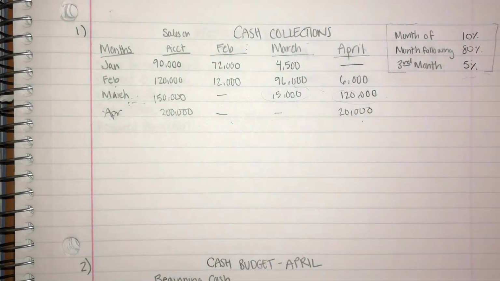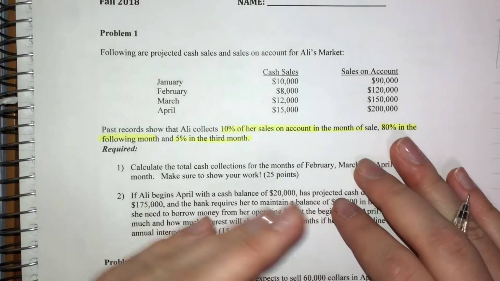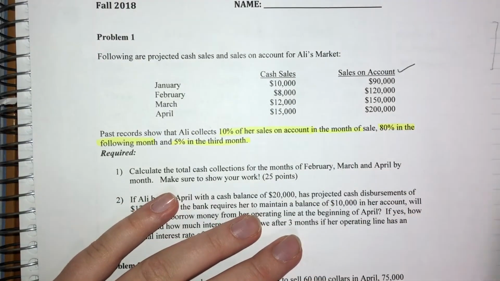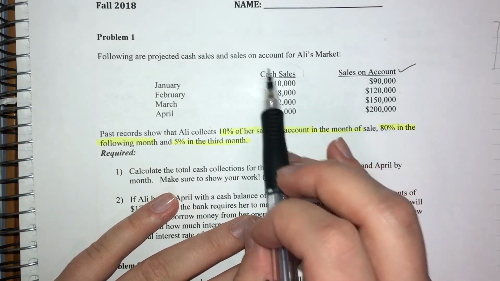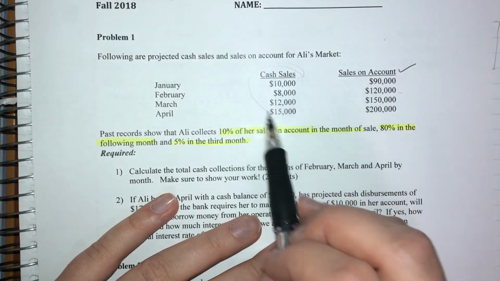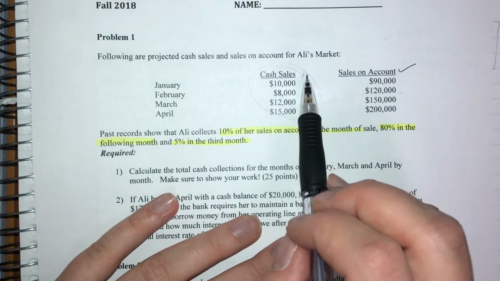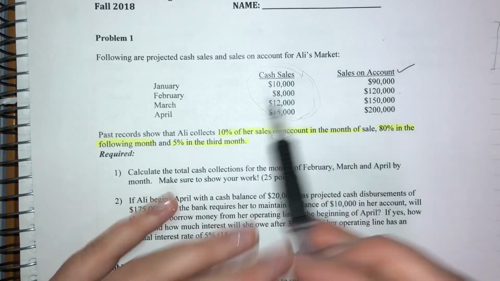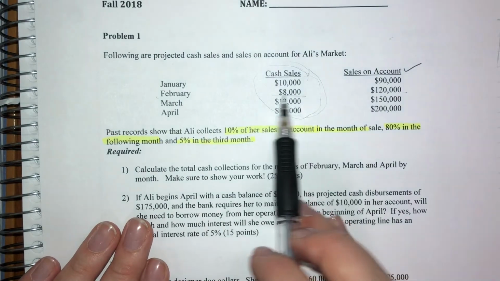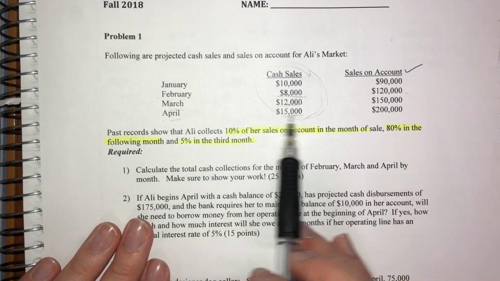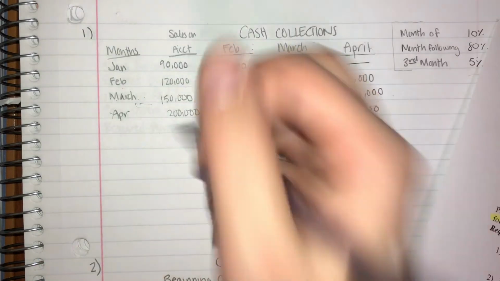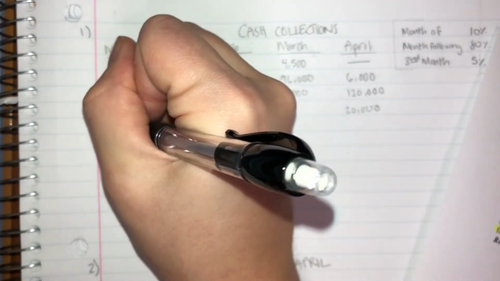So we're going to come back to our sheet here. We did the sales on account, we're good here, right? The next question is, in terms of our cash collection schedule, we actually want to deal with our cash sales as well, which is kind of different. We know that in February we collected 8,000, in March we collected 12,000, and in April we collected 15,000. So let's transfer that information. I'm going to put a separate column and just call it cash.